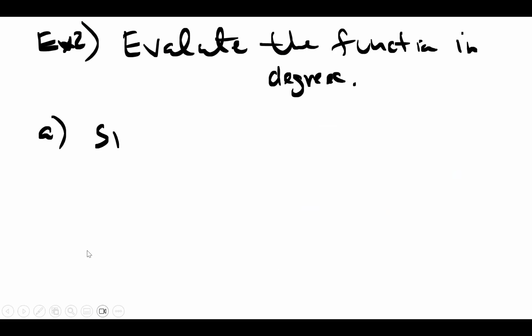All right, exercise 2. Evaluate the function. Now I'm using degrees, so this is degree measurements now.